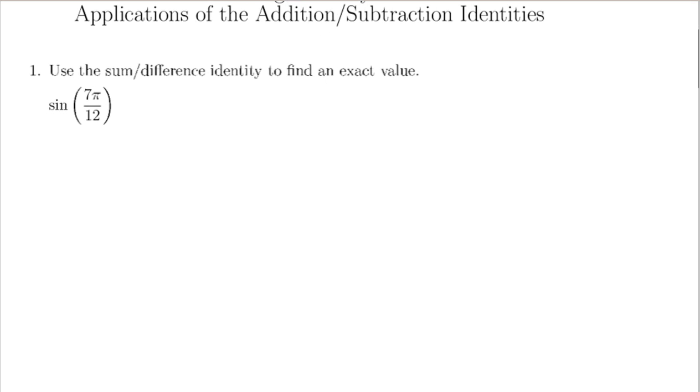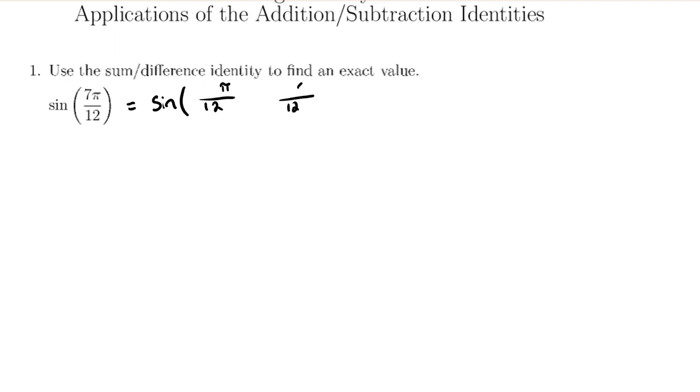So we want to know how we can break up this angle of 7 pi over 12 in terms of angles that we know. And here's my tip for how you would do something like this. You could start out by saying we want to break this up into 2 things over 12 in terms of pi.